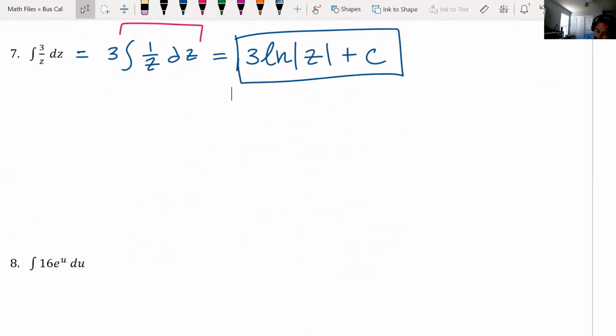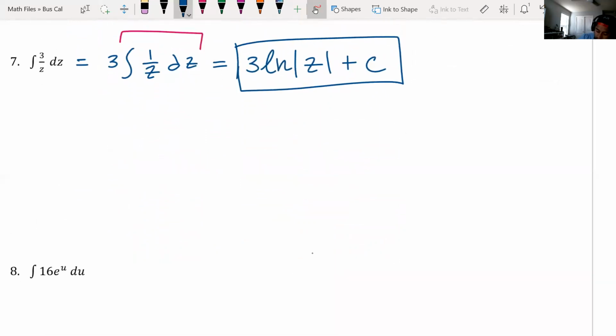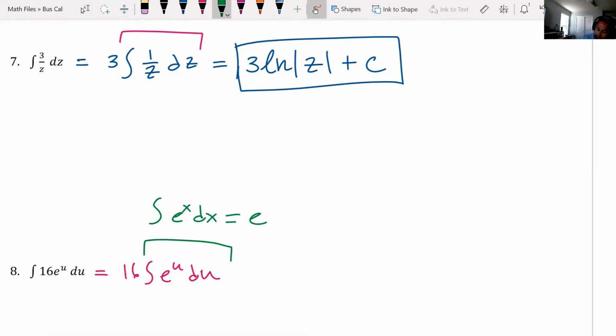8. You're going to move that 16 out, and you get 16 times the integral of e to the u du. This one is going to use property 2, I think, where it said the integral of e to the x dx is still e to the x plus c.